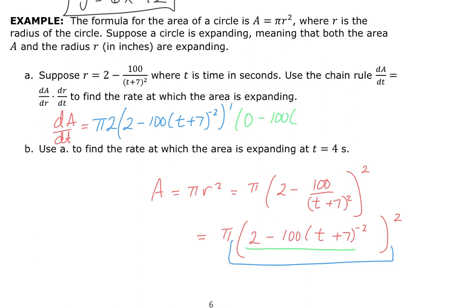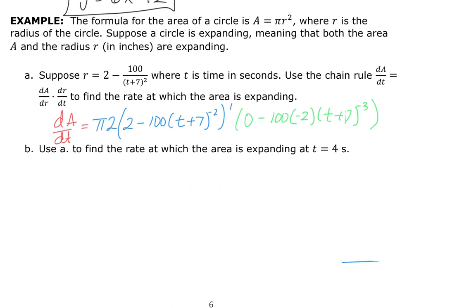The negative 2 comes down front as a multiplier. I have t plus 7, and because it is t plus 7 raised to the negative 2, I subtract 1 more, so I get negative 3. So that is my derivative of the inner function. I can clean that up algebraically, or I can just leave it. I didn't have to write that 0 right here, I just chose to.